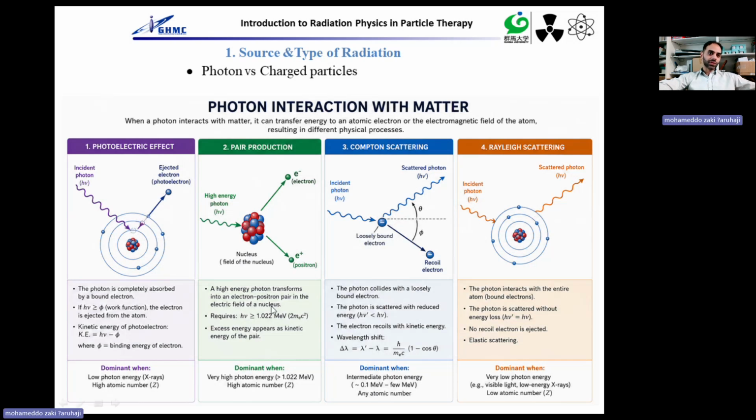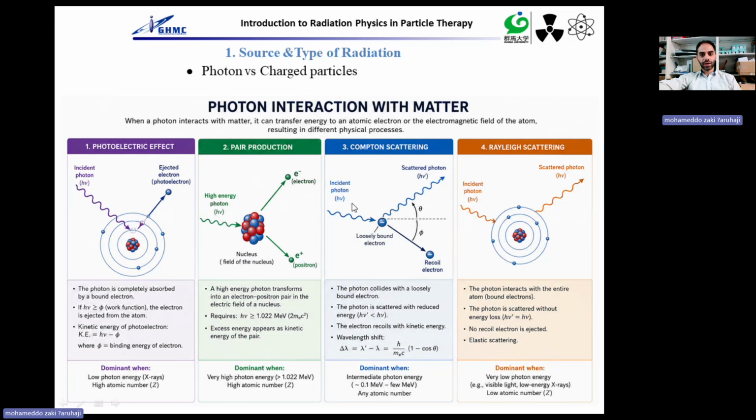And pair production, also quickly, is when the photon interacts with the nucleus itself with high energy, so a positron and an electron will appear, each with energy of 0.511 MeV, and later annihilate. So for pair production to happen, the photon must have energy higher than 1.022 MeV.